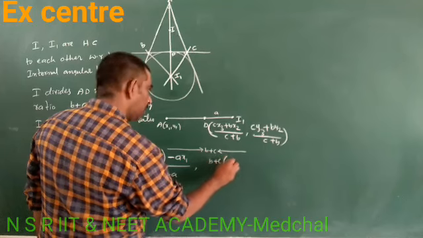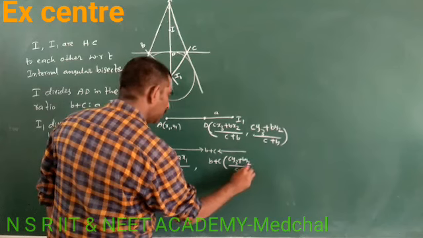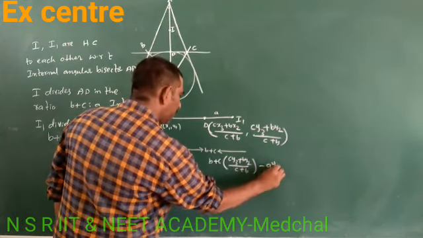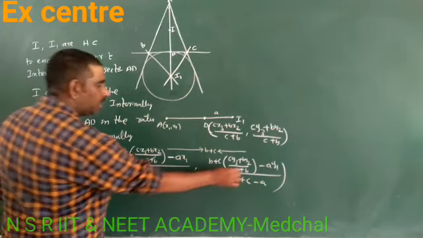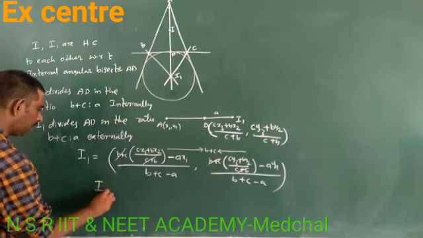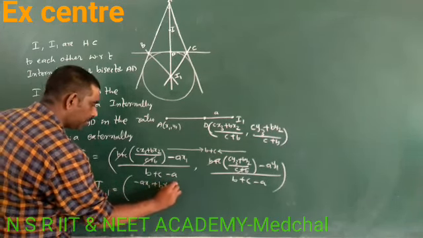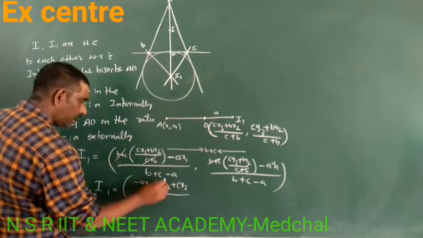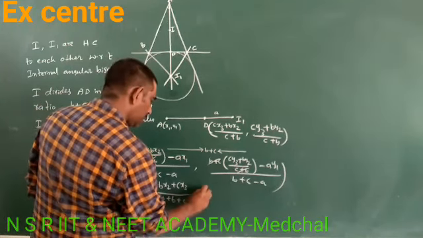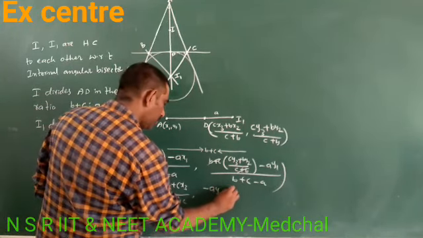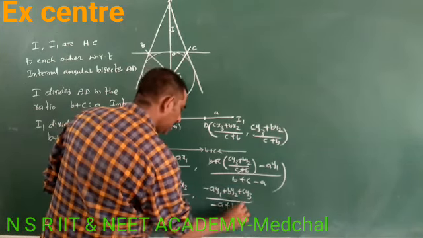B plus C and C plus B cancel. So we get I1 equal to (minus A x1 plus B x2 plus C x3) by (minus A plus B plus C), and (minus A y1 plus B y2 plus C y3) by (minus A plus B plus C).